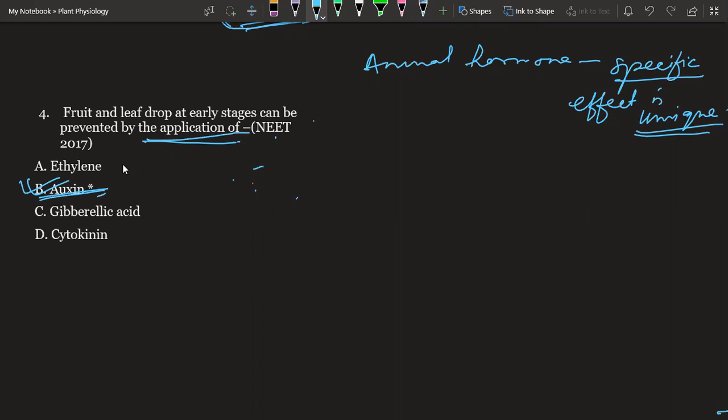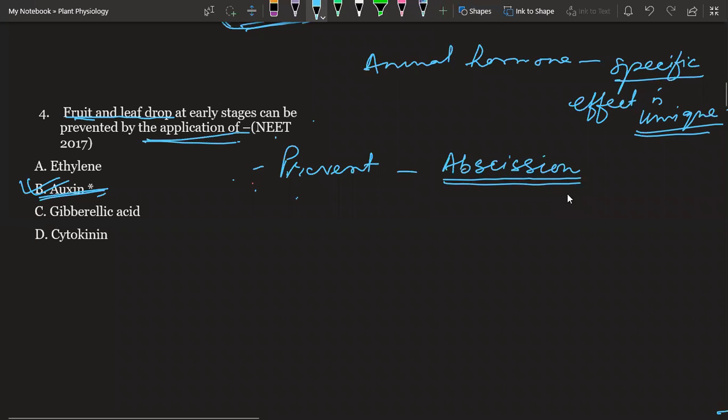So one thing is that auxin prevents fruit and leaf drop. This is abscission, the dropping of the leaf, flower, fruits, buds, etc. That is known as abscission.